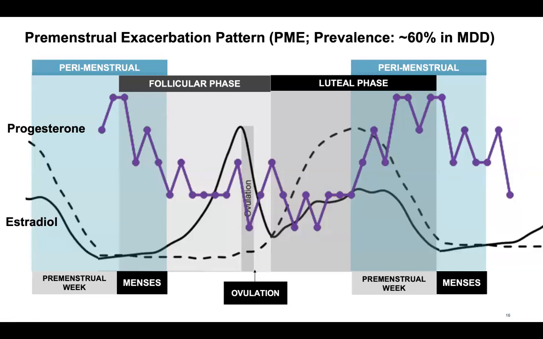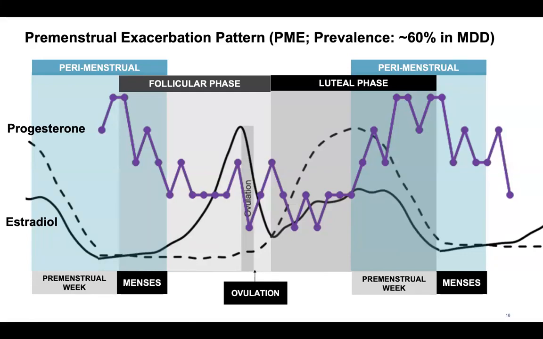On the other hand, here is an illustration of premenstrual exacerbation, or PME. Premenstrual exacerbation is another core premenstrual disorder in which the symptoms are present all the time, but they worsen significantly in the luteal phase and in the perimenstrual weeks.